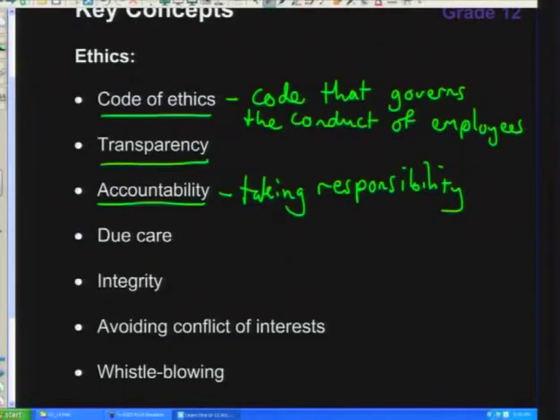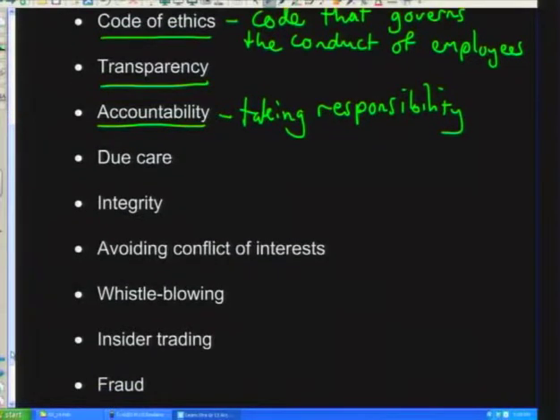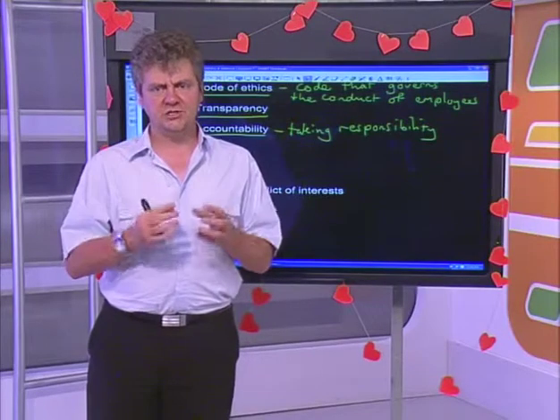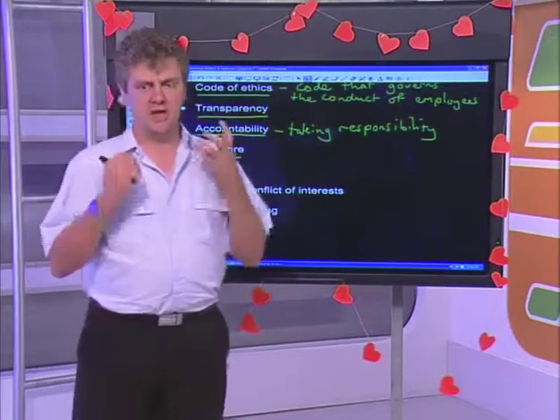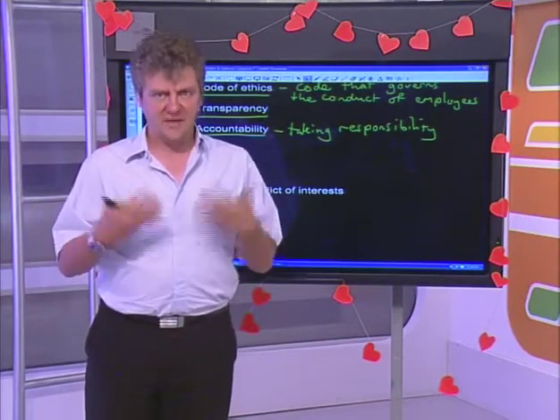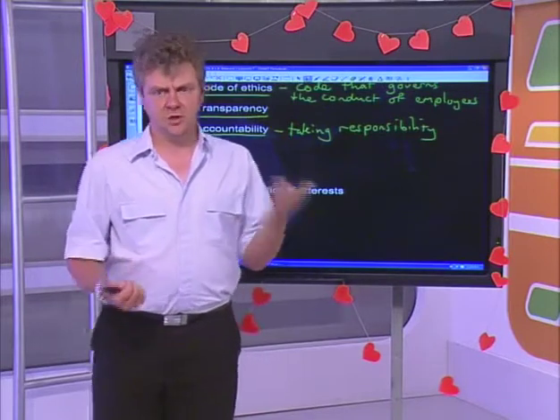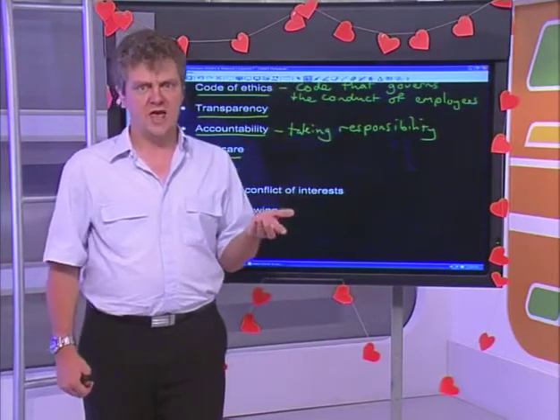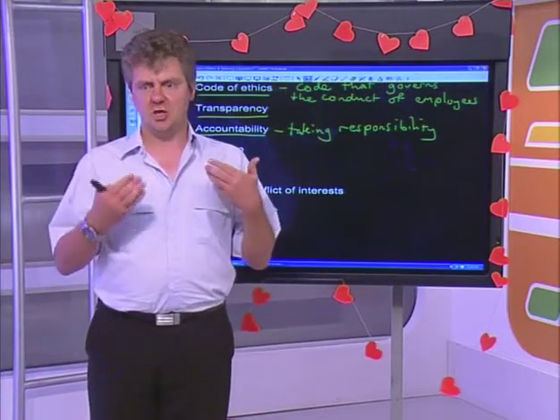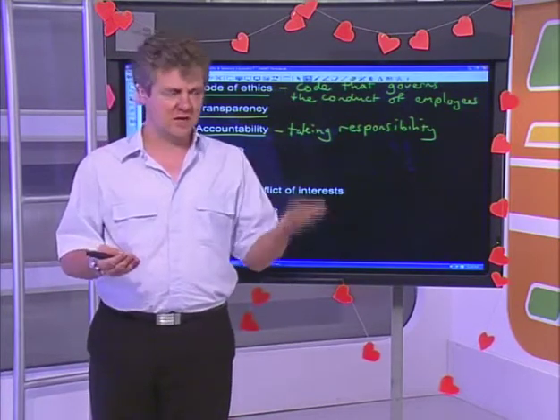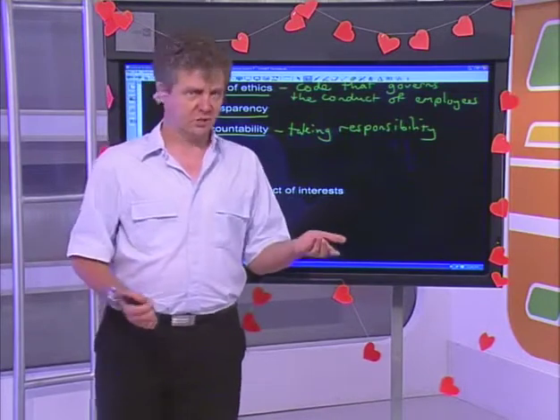Okay, another very, very important one, and this is particularly important for somebody who is an accountant, is due care. Due care just means that the person in the job has tried everything that they can to make sure that what they're doing is correct. So for instance, if a nurse in a hospital was to show due care, she would have to make sure that she checks up on her patients, that she does everything she can to prescribe the correct medicine, and so on and so forth.